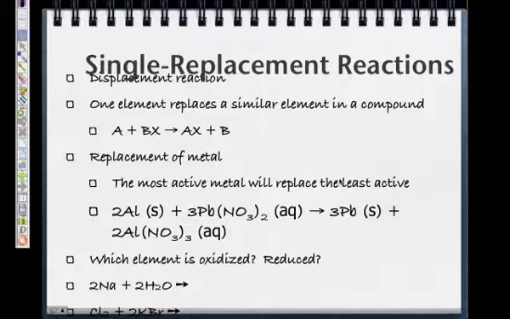A cation does not replace an anion, because we don't want 2 cations bonding together or 2 anions. So cation replaces cation, anion replaces anion. If you have a replacement of a metal, the more active metal will replace the least active metal. So in this case, aluminum is more active than the lead, so it's replacing lead here.